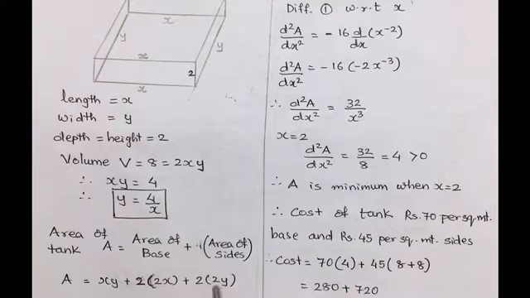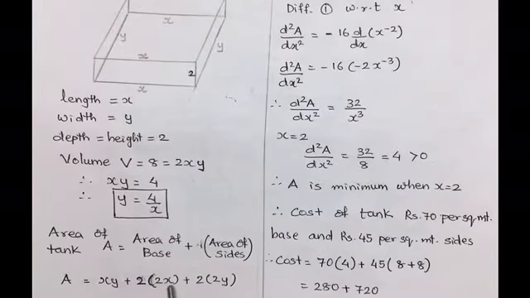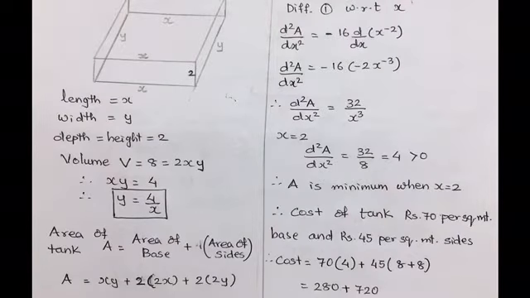For the side cost, if we multiply by keeping x as 2, y as 2, we will get 8 for 2 into 2x and 8 for 2 into 2y after keeping the value of x and y, and the cost of the side given is 45.